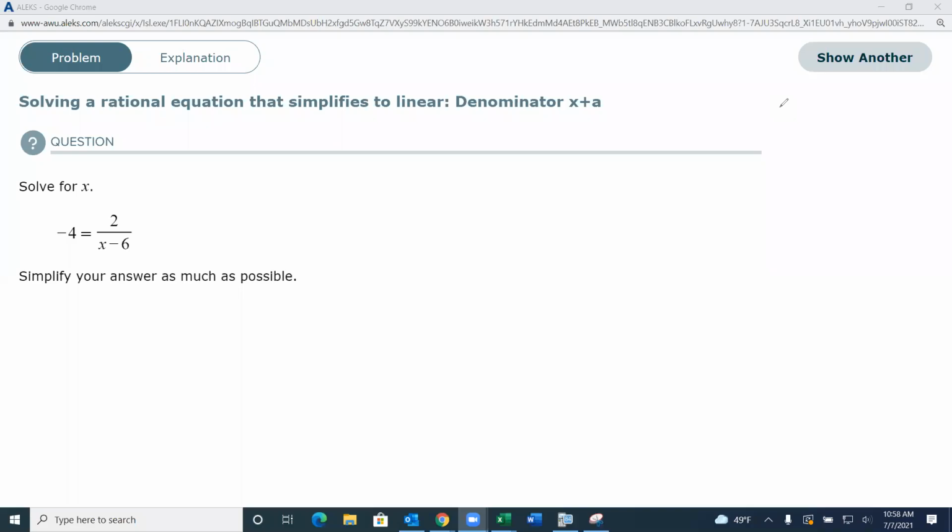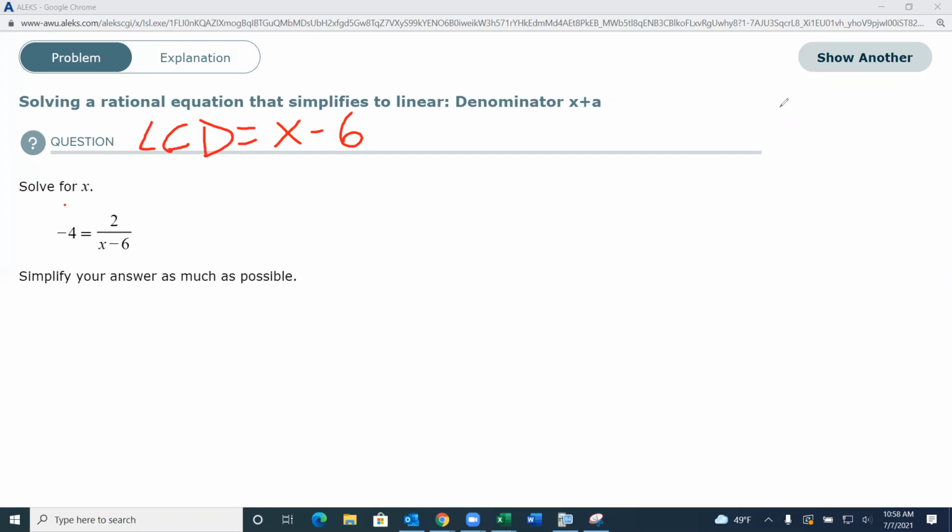All right, so what do we do here with this one? Well, we're going to see in this section several equations where we have fractions with variables in them. So we do the same thing we do with equations where there are no variables, but they're still fractions. We first find the least common denominator. Well, there's only one denominator, so that must be it.